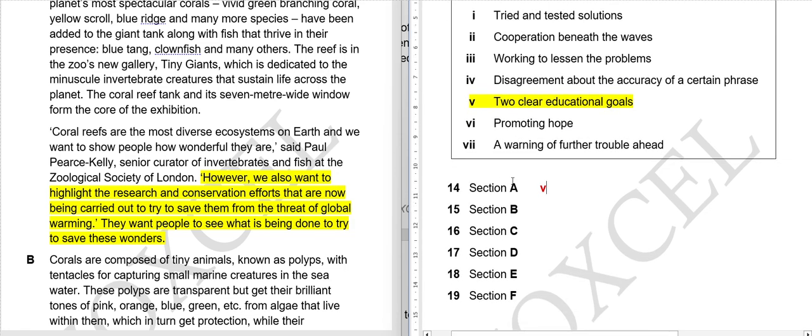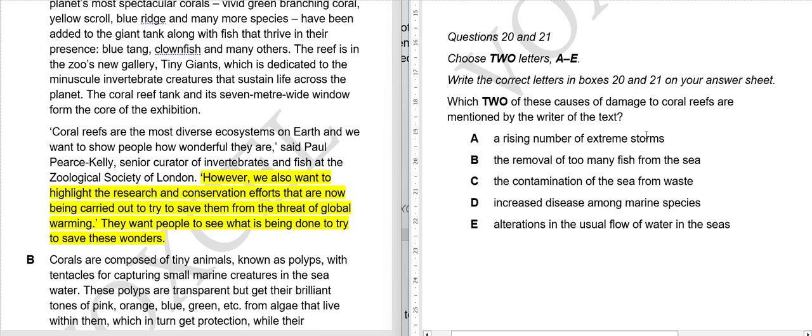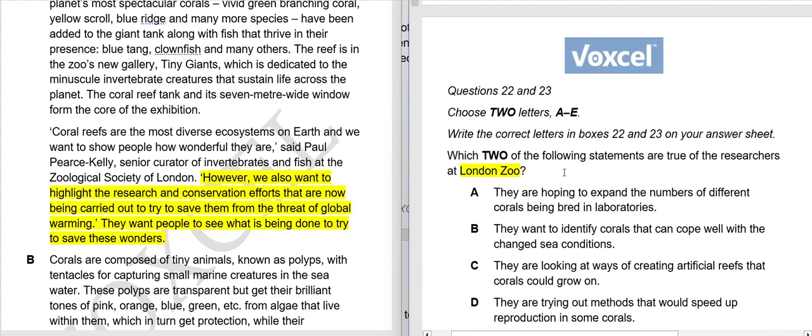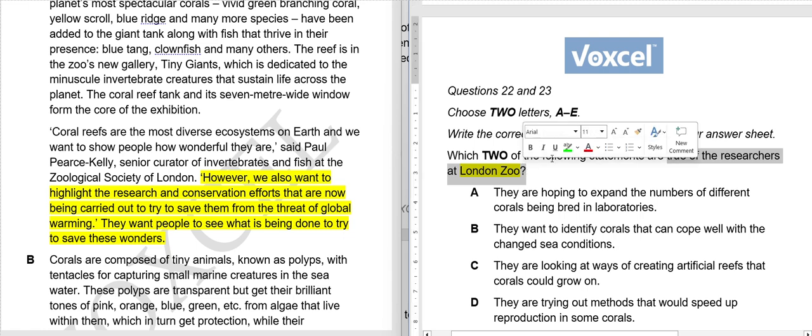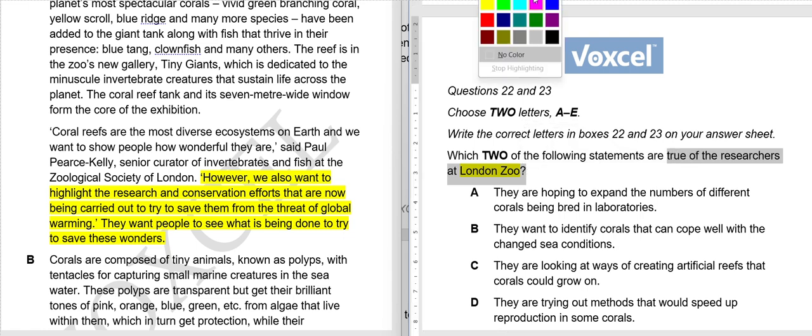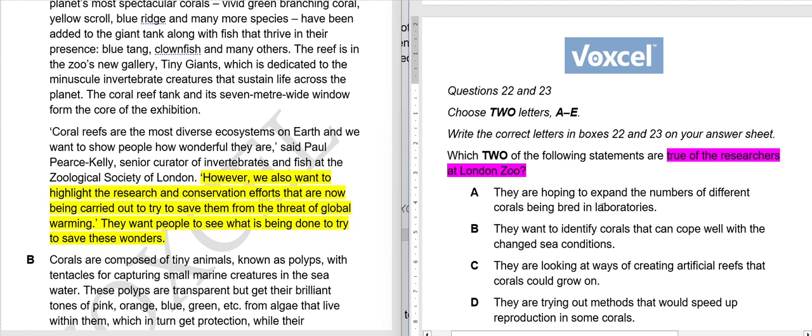Moving to the next. If I talk about this, there is no mention of the causes of the damage to coral reefs. There is no mention of that. And if I talk about this, true for the researchers of the London Zoo, there is no mention.